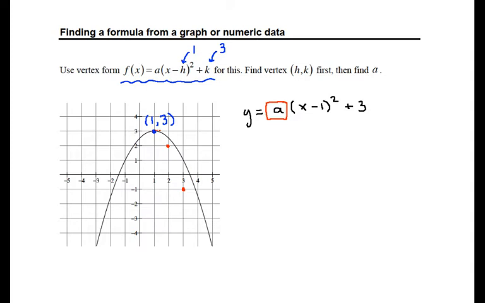It's sort of hard to compare these because the graph passes through a fractional value there. So let's go to the next one. All we really need is one point to determine completely what that leading coefficient is. If there were no stretching or shrinking at all, I would have come down 4.